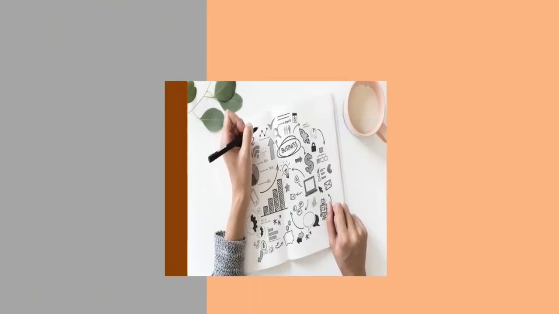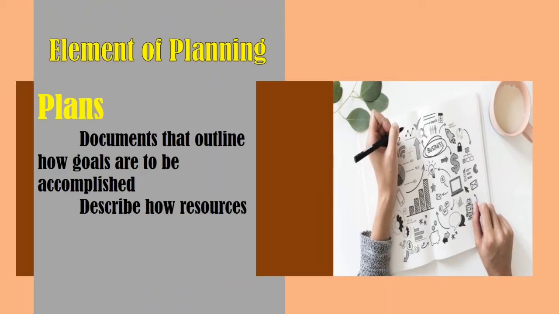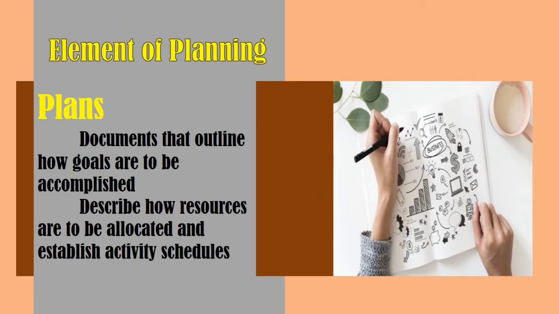The second is plans. Plans are documents that outline how goals are to be accomplished. It also describes how resources are to be allocated, and it establishes activity schedules in realizing those goals.